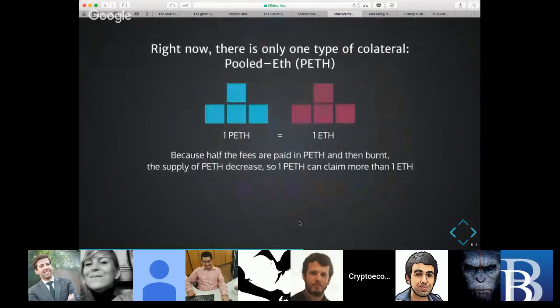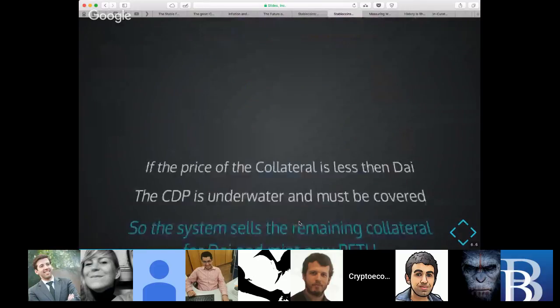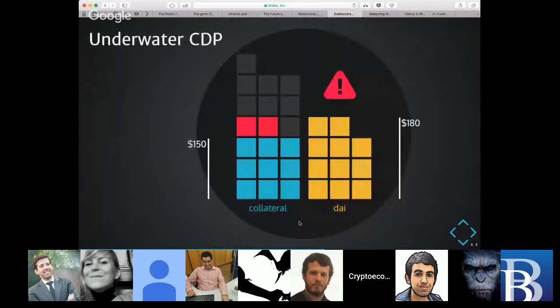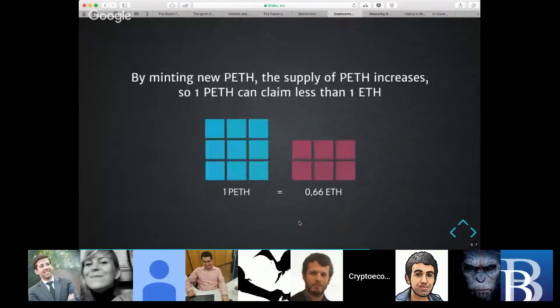In the other one, it's the opposite. Here, because you are underwater, the system reacts for you. But in this case, because there is a lack of real value to back the DAI in circulation, what you need is extra value. And this, again, is handled automatically by the system by minting new PETH.